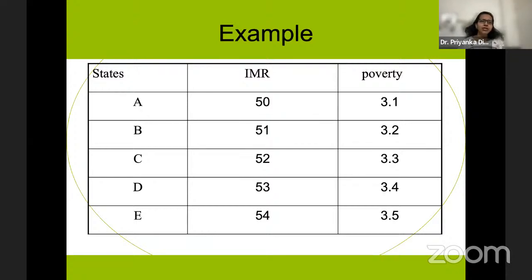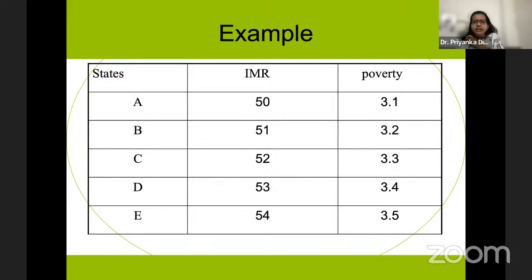Or how much time you spend on exercise, or how many marks you obtain in a particular subject. So when the variable is going to take a continuous value, a scale value, in that situation we can apply linear regression.